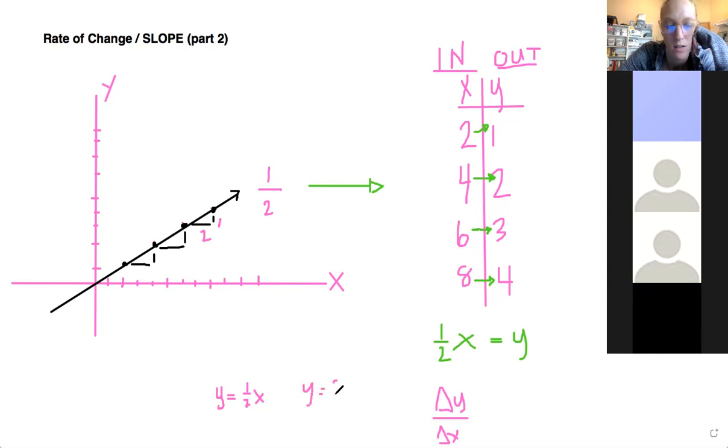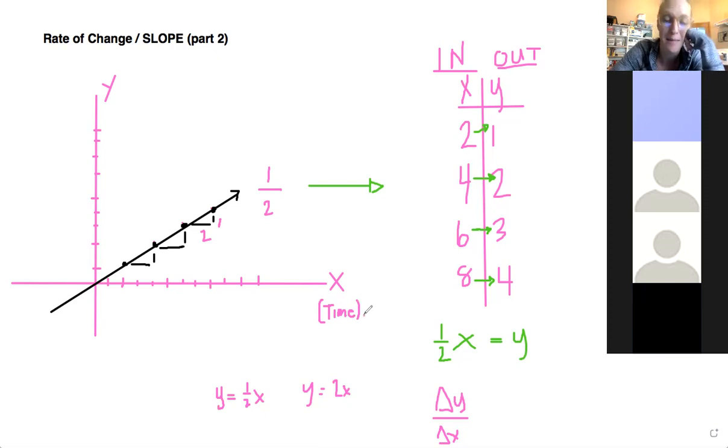Miss, I have a question that might relate to this. Oh yeah, let's hear it. Valentina: When you're doing a word problem with money or time, is that the y or the x? Ooh, good question. Time is almost always the input. Do you remember in 6th grade we learned about independent and dependent variables?